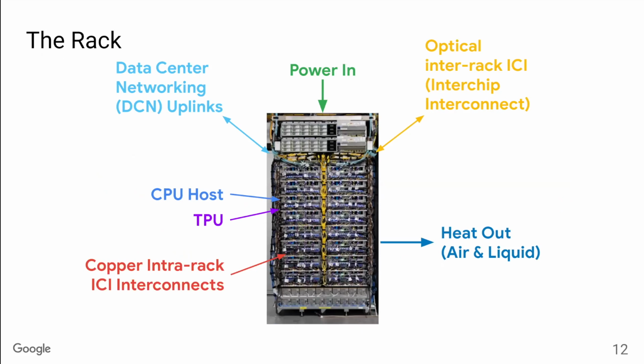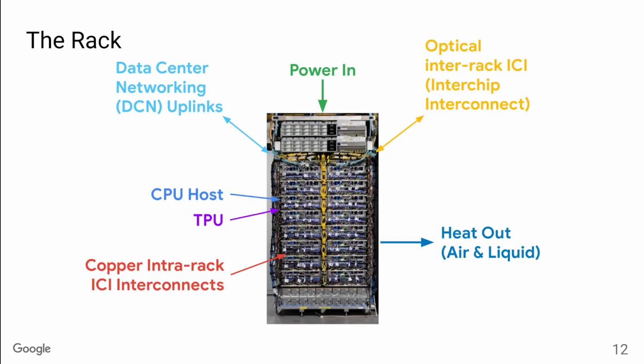So if we take those and build it out, let's start with the rack. The architecture of the V4 device is 4 chips on a tray, 2 trays with each CPU, and then 16 of those trays put together into a rack for a total of 64 chips in a rack.